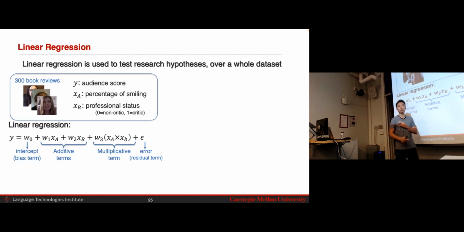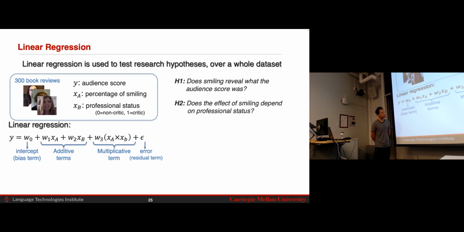So critic means people who review books professionally. And Y is the target of how good the book actually is. Let's say I get this target score based on an average of people who read this book, say on Google Books or something. My goal is to learn a predictive model that predicts Y, my audience score, given these two features, the percentage of the time the person was smiling as they reviewed the book, and whether the person was a professional critic.